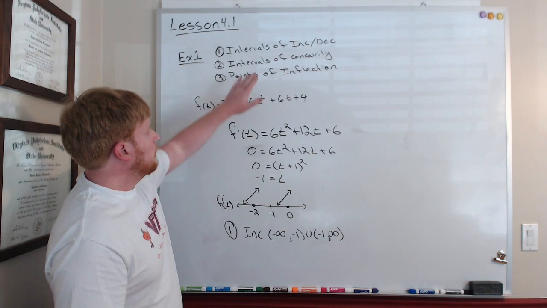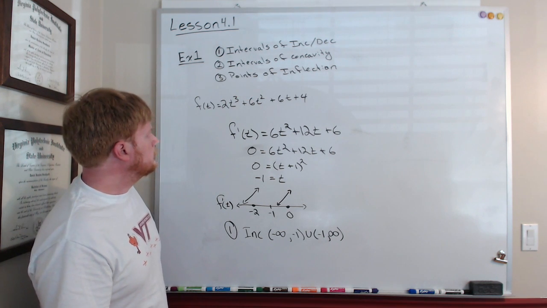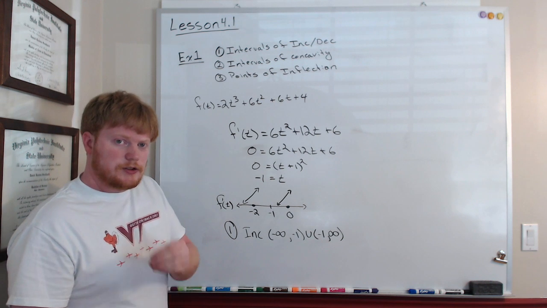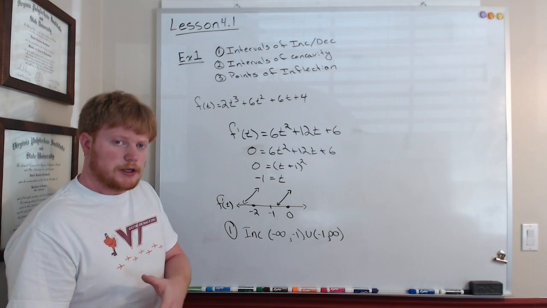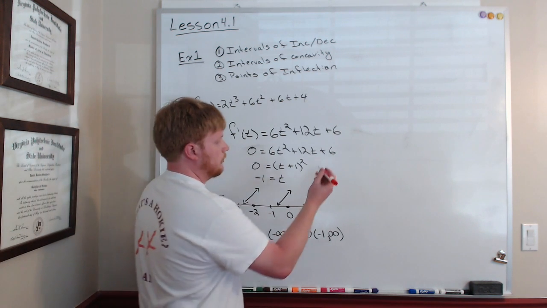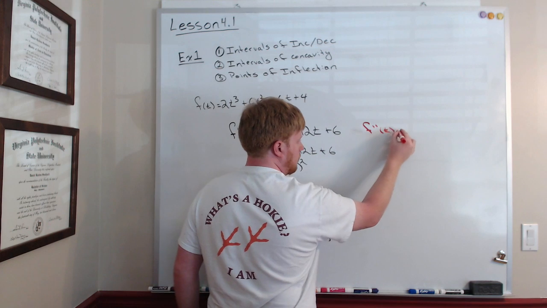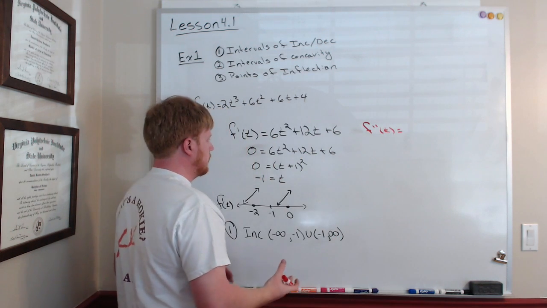Okay, now I want to find intervals of concavity. Now this is something new. The second derivative actually tells me about the concavity. The second derivative of a function will tell me whether or not a function is concave up or concave down. It's called the second derivative test.